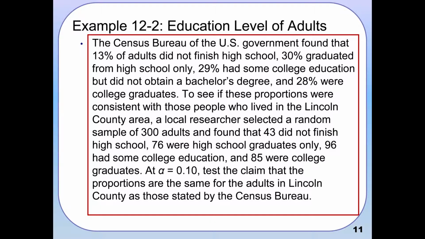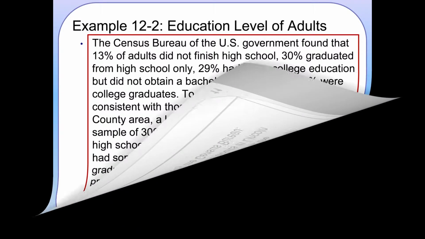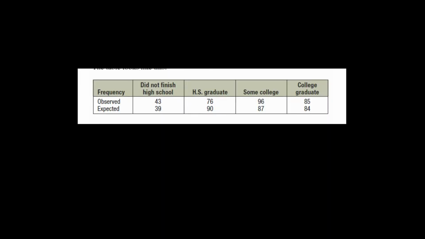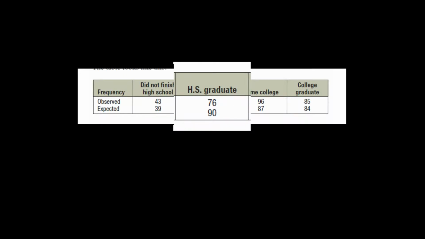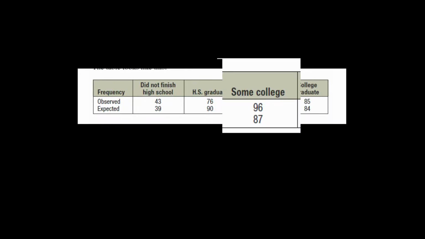To see if these proportions were consistent with those of people who live in the Lincoln County area, local researchers selected a random sample of 300 adults and found that 43 did not finish high school, 76 were high school graduates only.